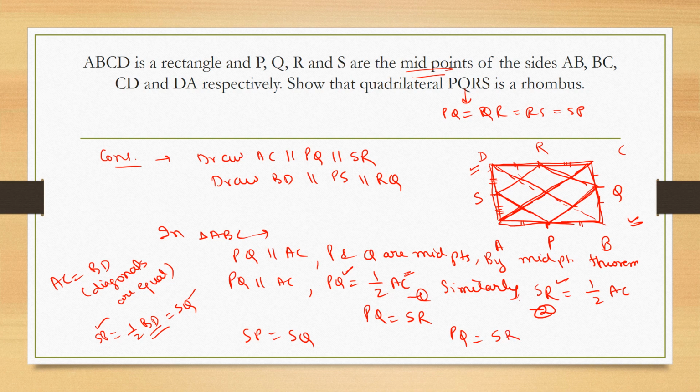And hence this shows that PQRS is a rhombus. Got it? If so, then let's move.